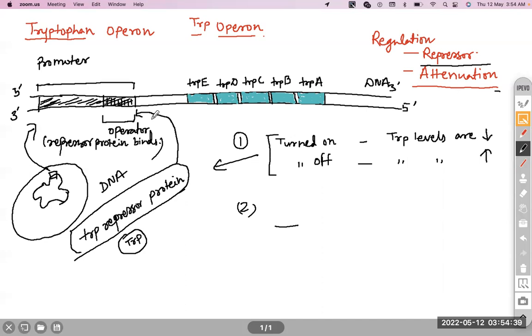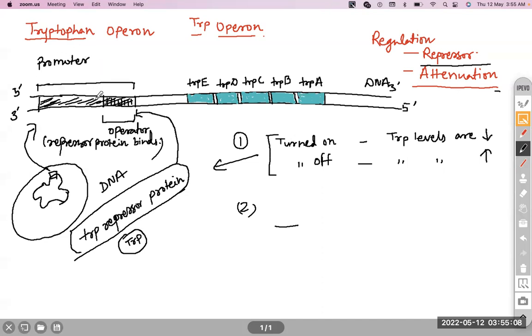Okay. That is why when TRP levels are high, the repressor protein is bound to the operator region. And in this way, it prevents RNA polymerase from going ahead for transcription.